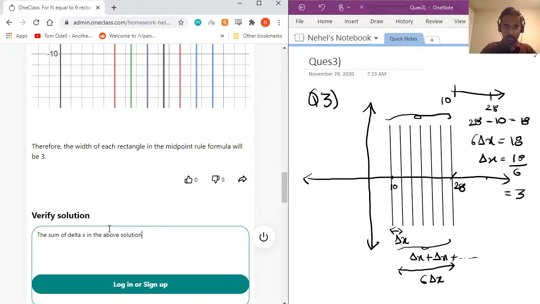The solution was noted as 8. Oh, it should have been 18. The final answer is correct. However, one of the steps is incorrect.